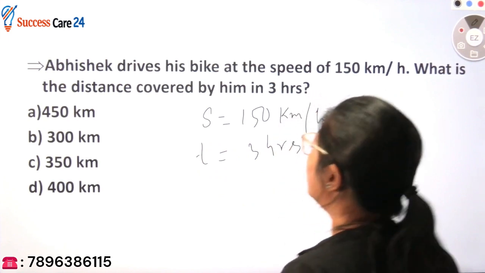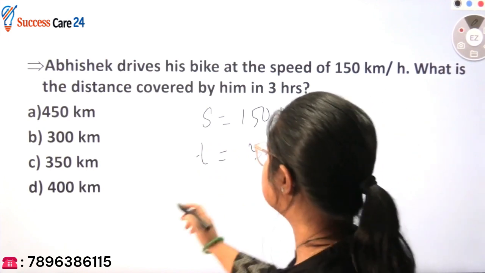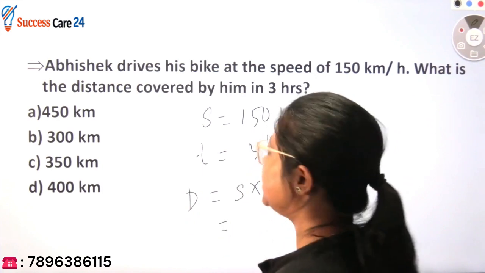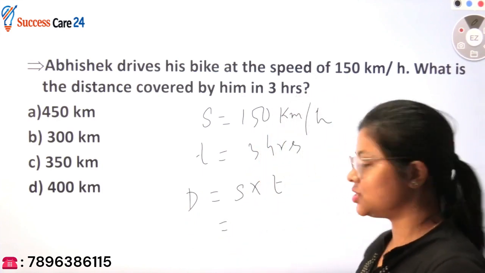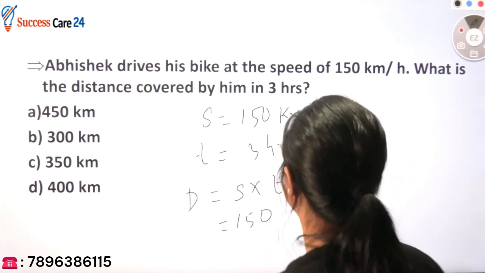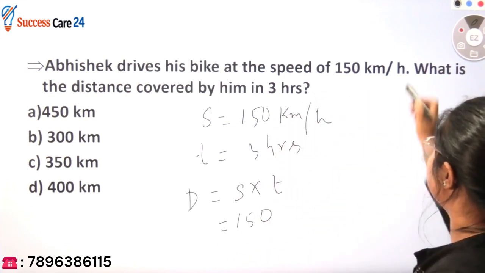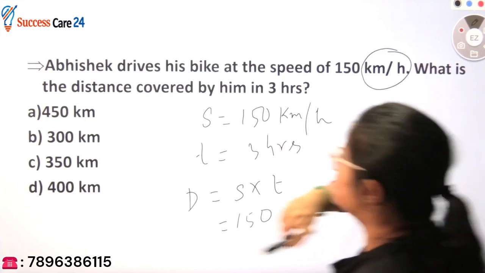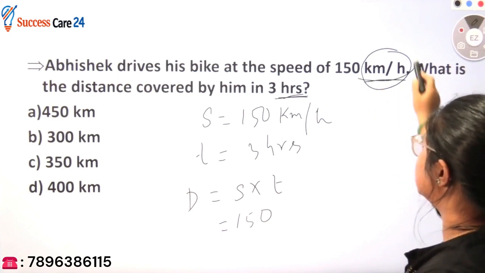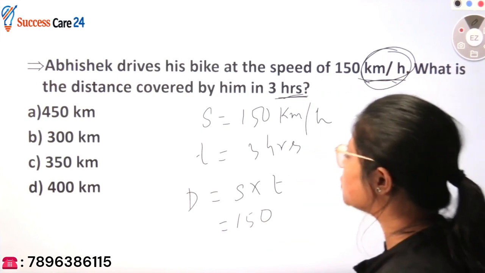So what do we need? We know the formula for distance: distance is equal to speed into time. This is one of the most basic questions, the simplest one. Here you need to check whether the units are the same or not. Yes, of course the units are the same: speed is in kilometer per hour and time is also in hours.